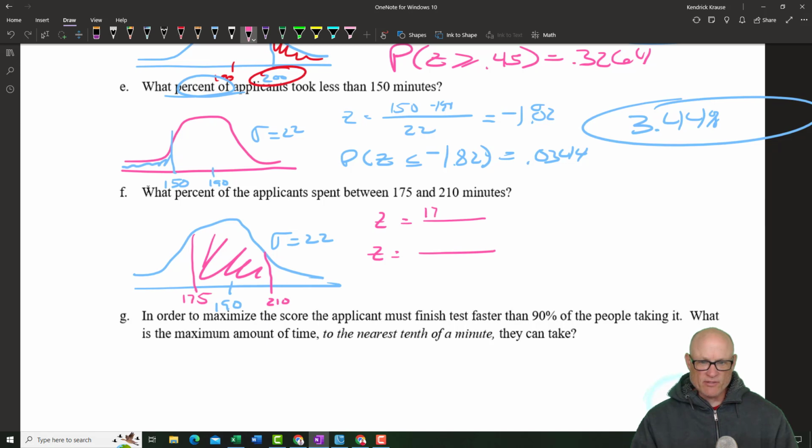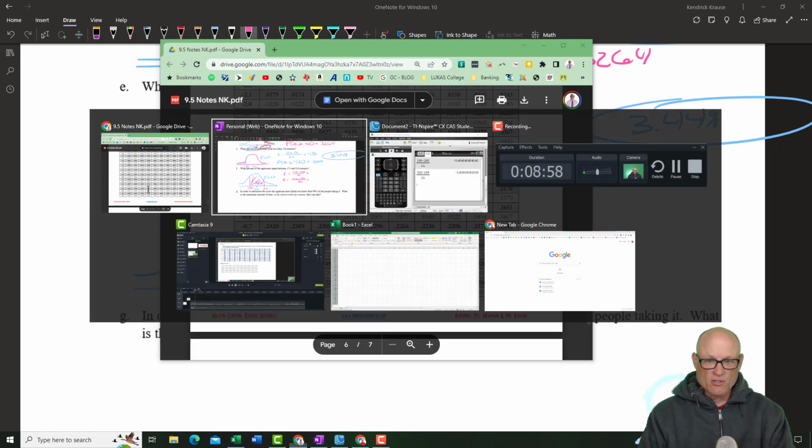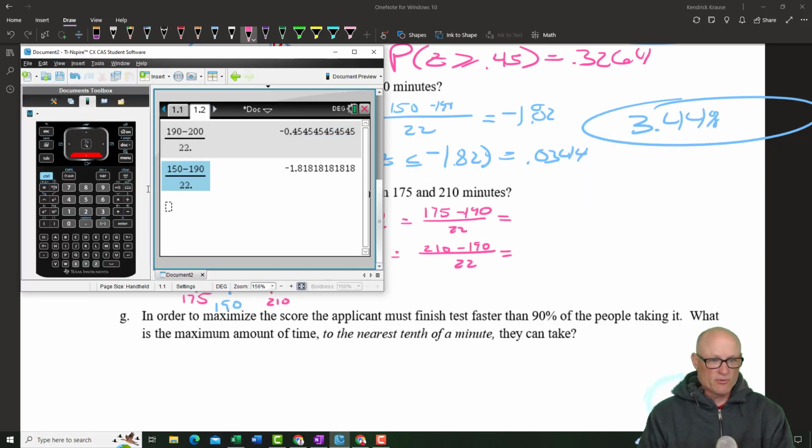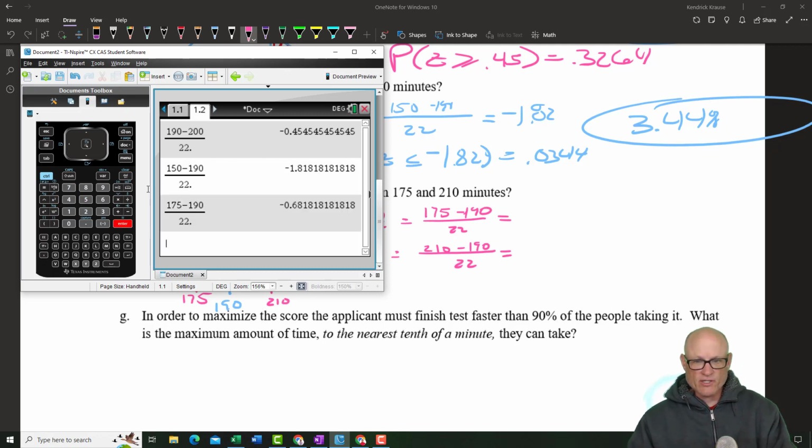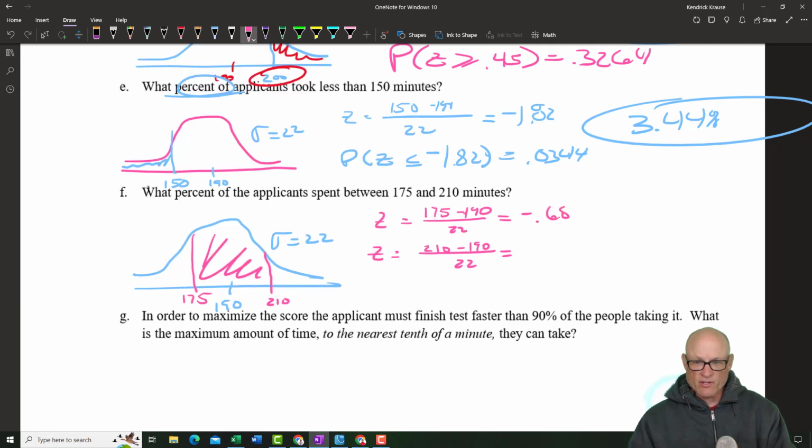All right, so two z-scores. I got 175 minus 190 over 22, and 210 minus 190 over 22. Now, the one on the right will be a positive z-score. The one on the left will be negative. So the first one, 175, is negative 0.68.